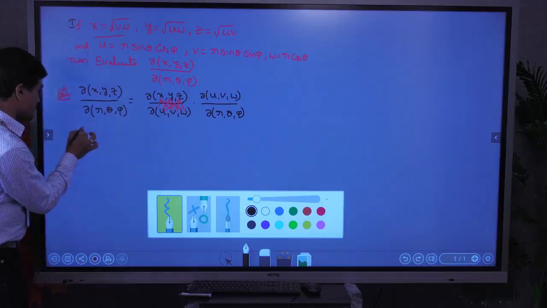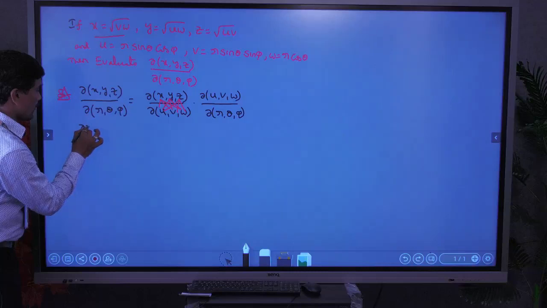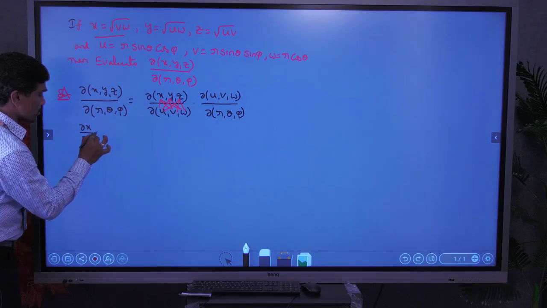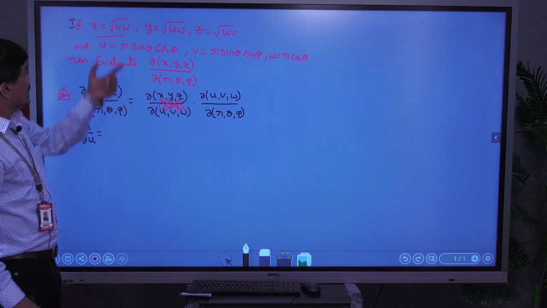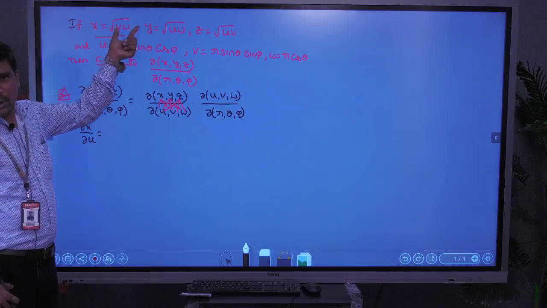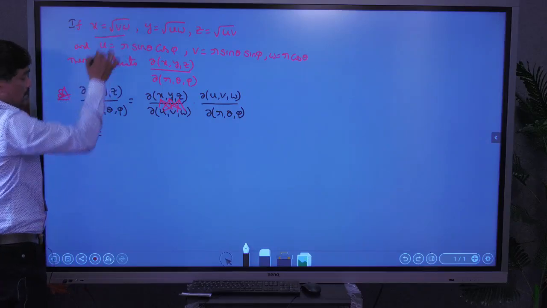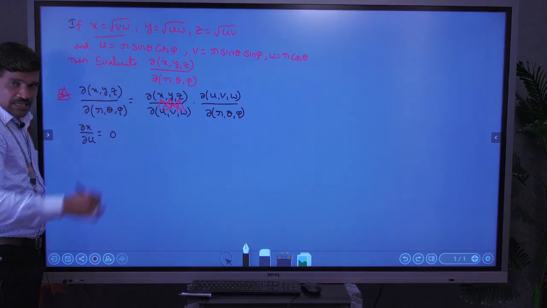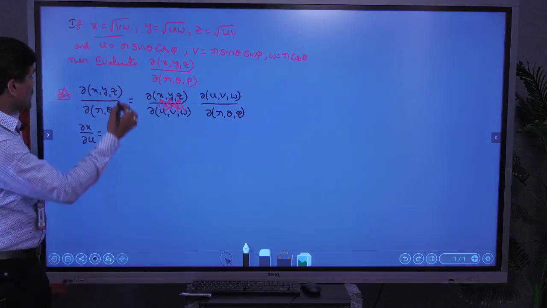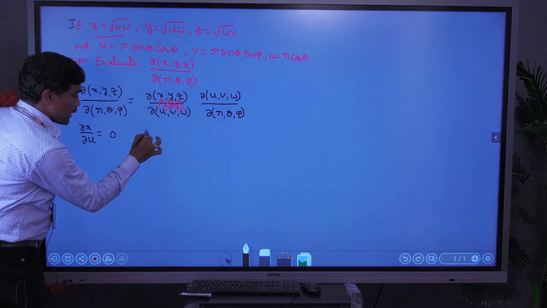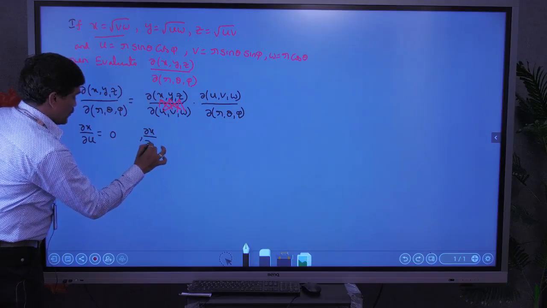First of all find dou x by dou u. So x with respect to u. What is the function here? The function is root vw, but with respect to u this is totally constant, so the derivative is clearly 0. Next, for the same function, dou x by dou v.